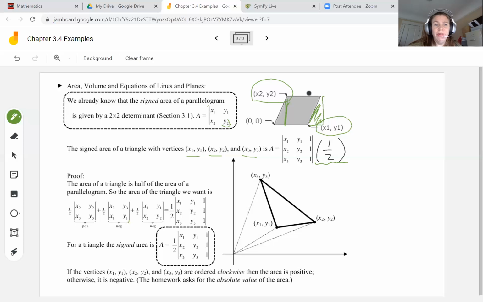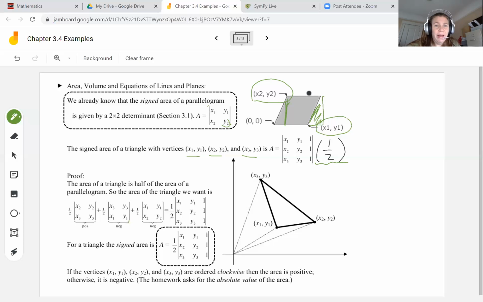So the first thing to think about is the area of a triangle is half the area of a parallelogram. And that makes sense because you could split your parallelogram up in half, or you could even think about rearranging your parallelogram to be a rectangle and know that the triangle is half the area of that rectangle.